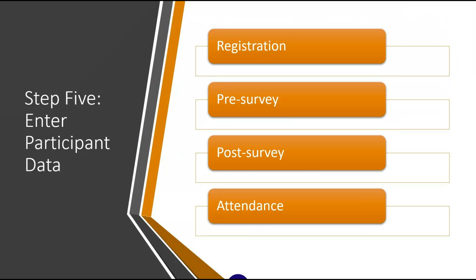After the leader has all that information, they can then enter it into Juniper. And so again, registering all the people that have not previously registered, entering their pre-survey and post-survey information, and capturing their attendance of what sessions they attended.